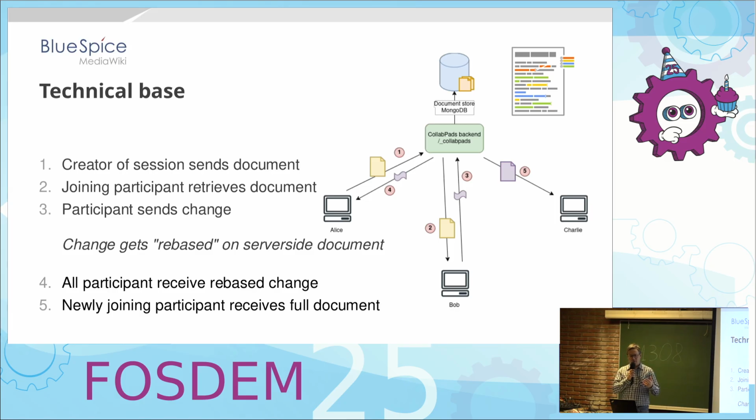And here, some magic needs to happen, because we cannot just send out the same change to all the other documents, but you need to rebase it, because in the meantime, due to concurrency, things may have changed. So it's not just a distribution mechanism where one change arrives at the server and then is being sent out to the clients, but there's also some rebasing being done on the server side, so that the change arrives in a proper place of the document.